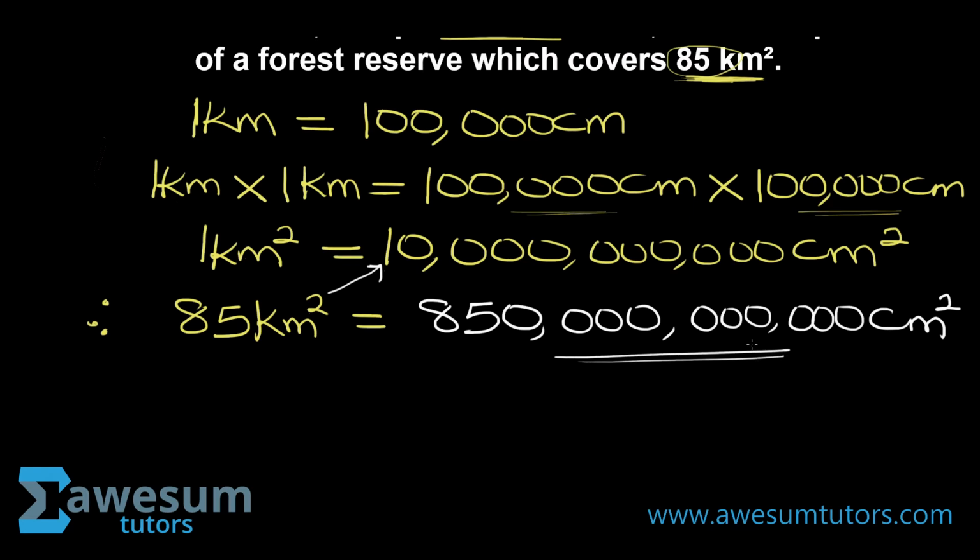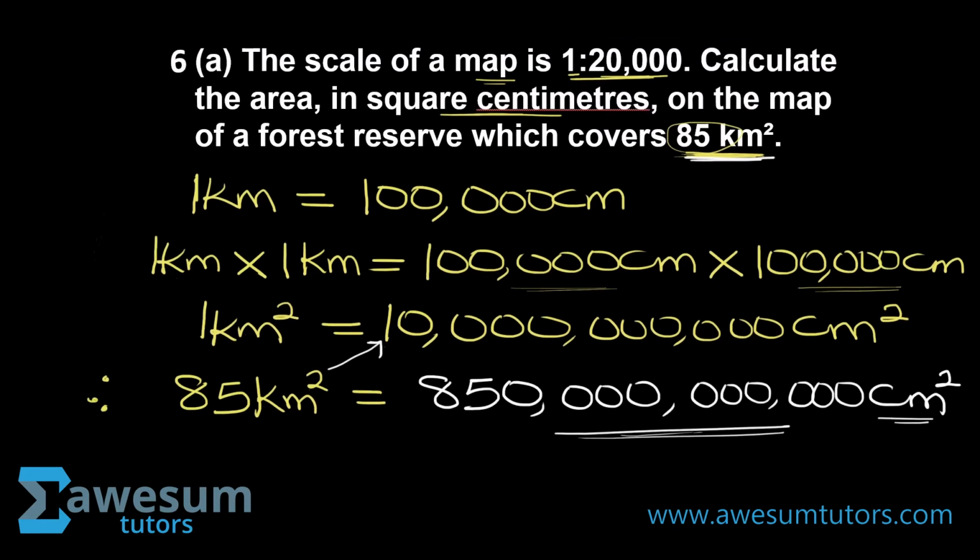So what I've been able to do right here is to convert 85 kilometer square into centimeter square, which is 850 billion centimeter square. Very good, guys. But now let us go back to the question again.